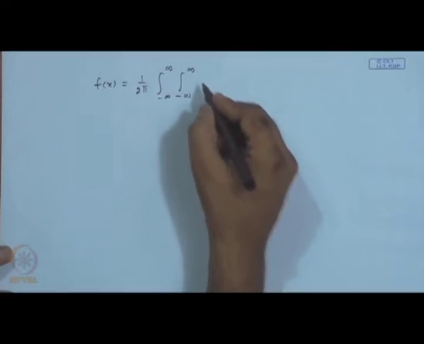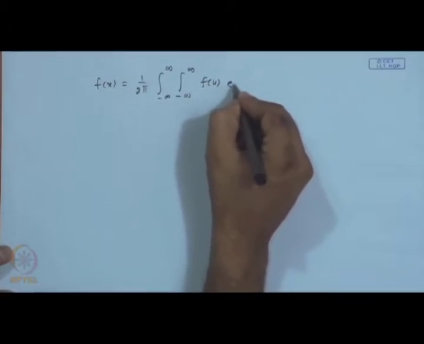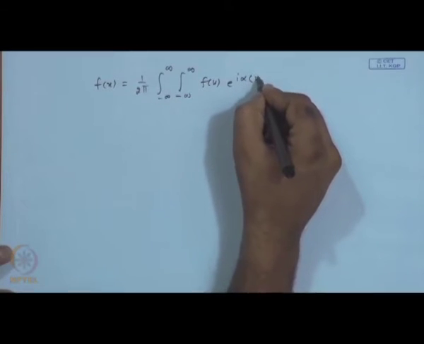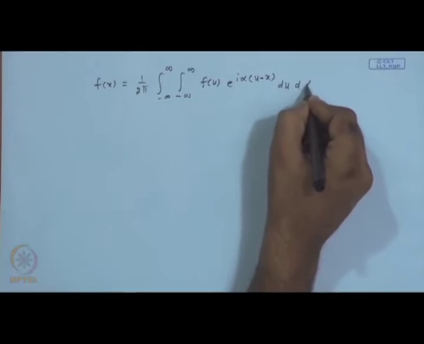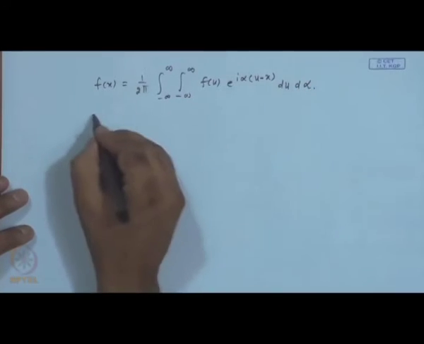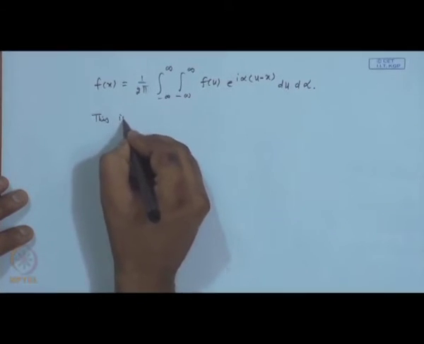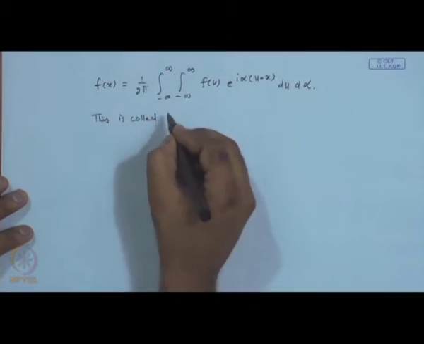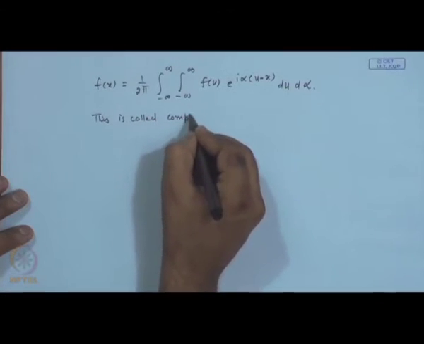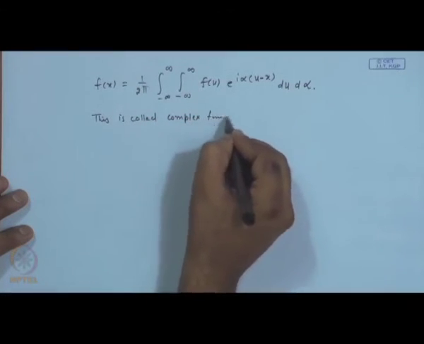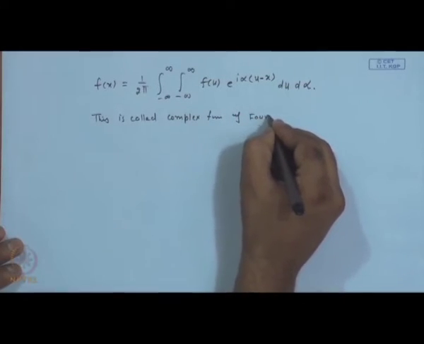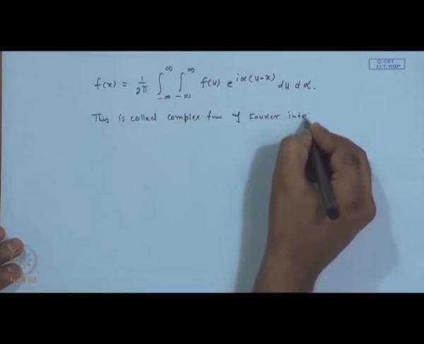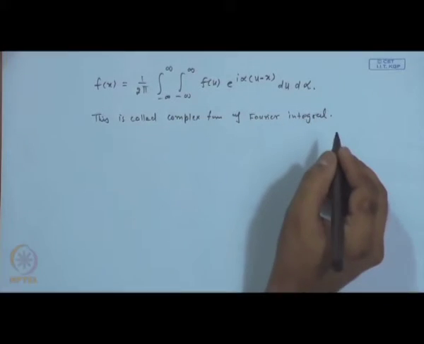So that again in exponential term we can write f(u) e^(i alpha(u minus x)) du d alpha, and this is called the complex form of Fourier integral.